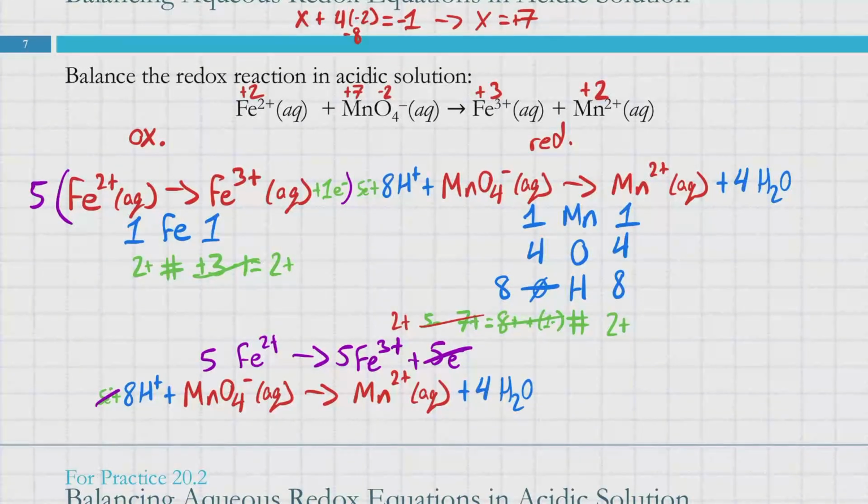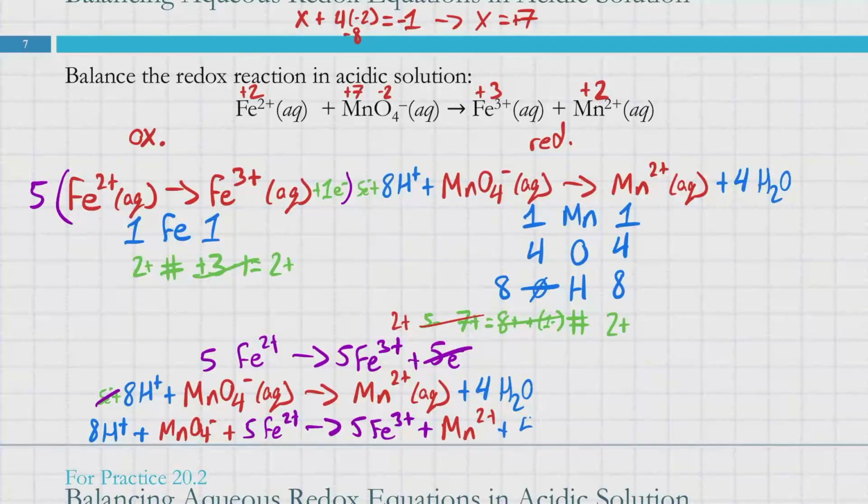So our electrons cancel, and our final equation is 8H plus, MnO4 minus, plus 5Fe2 plus goes to 5Fe3 plus, manganese 2 plus, and 4 H2O. That would be our step 6.